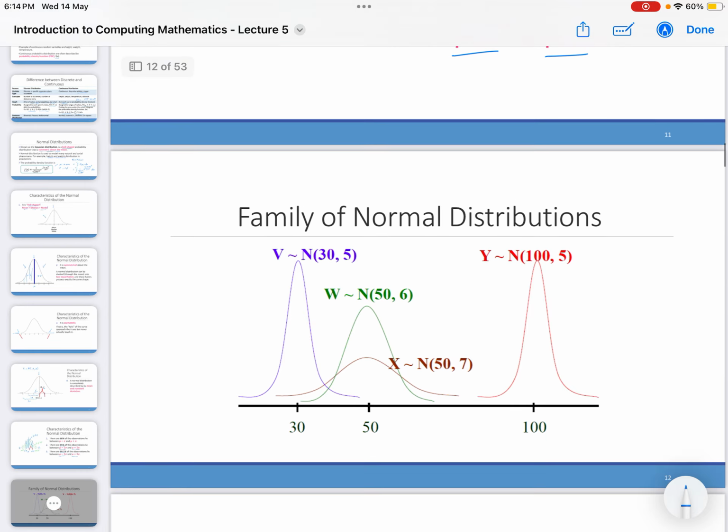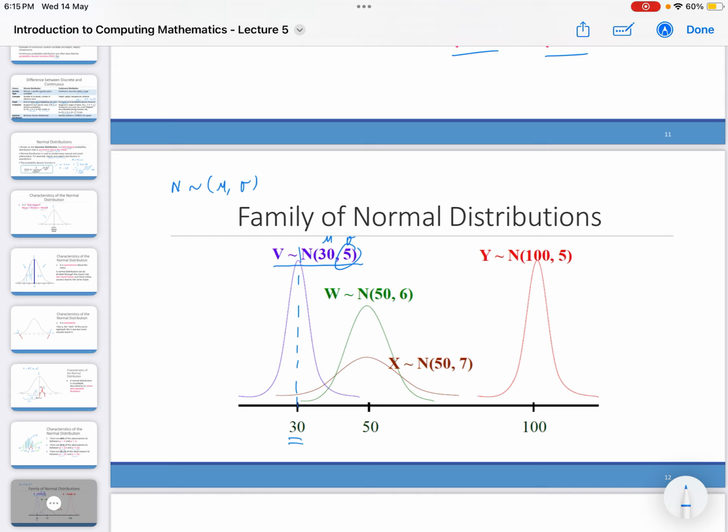So when I say the normal distribution is characterized by the mean and the standard deviation, this is what it means. For example, the purple one has a mean of 30 and a standard deviation of 5. The mean will be at 30 here, and the standard deviation is the variation around the mean.